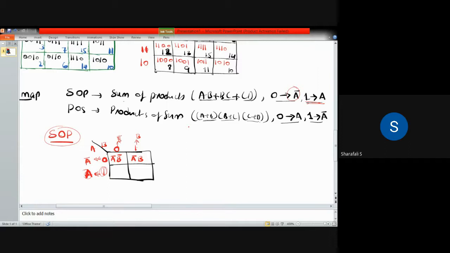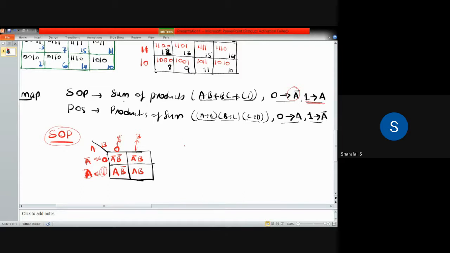There is no complement or bar for that if your value is 1. So here A will come, and here we have B equal to 0, which means B bar. Then finally we have A into B. So this is the filling or representation of different variables inside each cell when you are using SOP form.